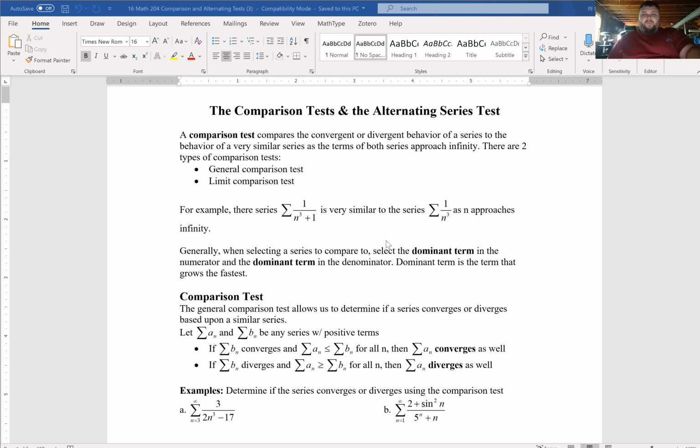So notice this first example here. It says the sum of 1 over n cubed plus 1 is very similar to the series 1 over n cubed. Now 1 over n cubed, that's a p series. And we know how to work with that quite easily, right? If p is greater than 1, it converges.